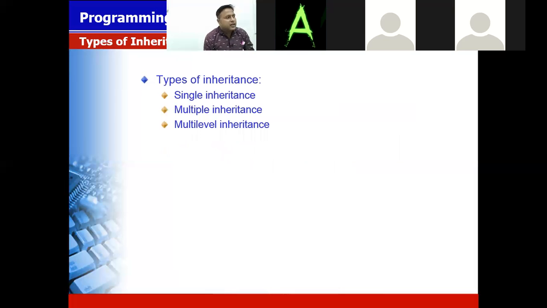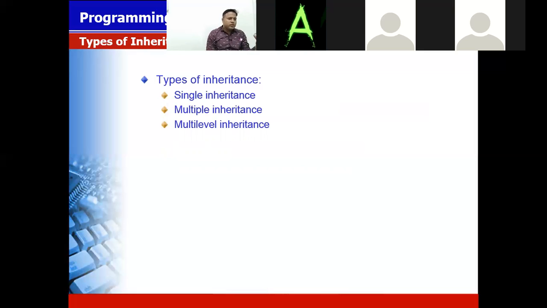So there are different types of inheritance present. One is single inheritance, multiple inheritance, another is multi-level inheritance. तो Java doesn't support multiple inheritance. तो Java आपका multiple inheritance support नहीं करता है.